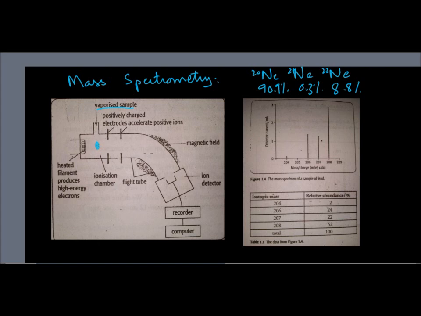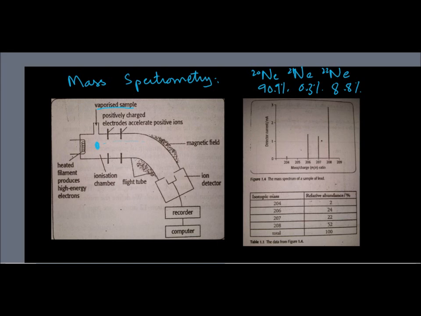Because the way it separates the isotopes is by charge. So you want to ionize these things, and once it ionizes, these are charged and then you have a magnetic field. So based on their masses, these things will get deflected.